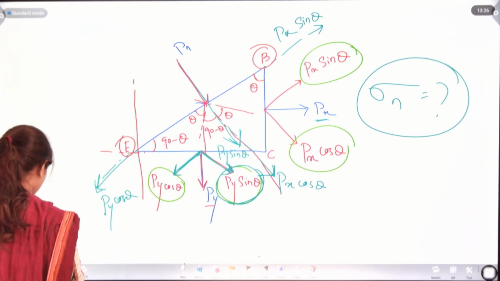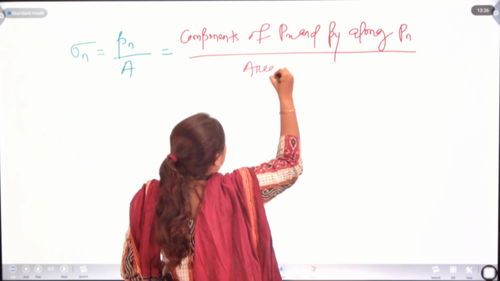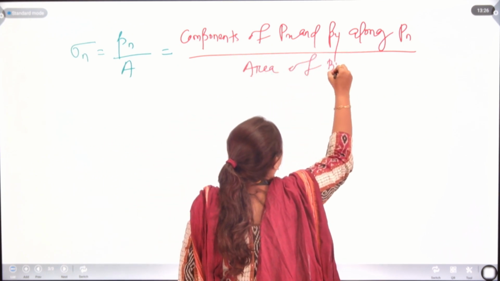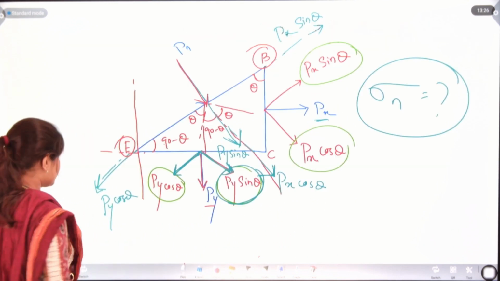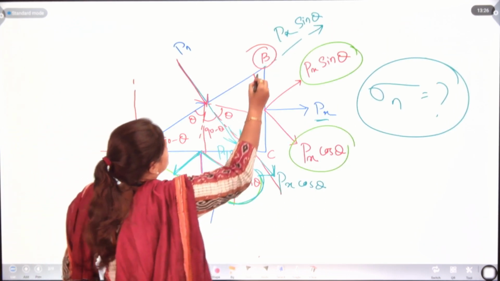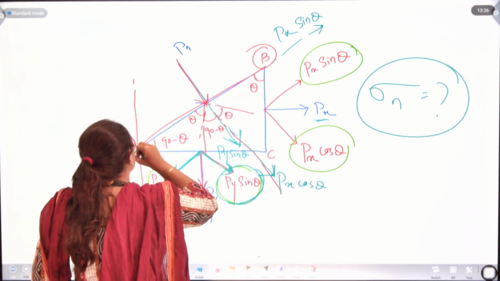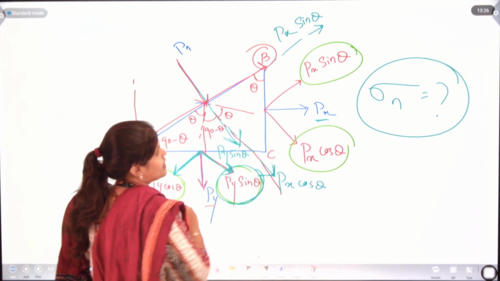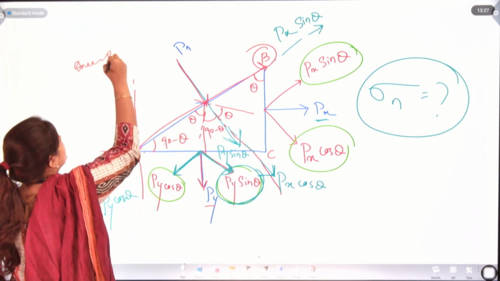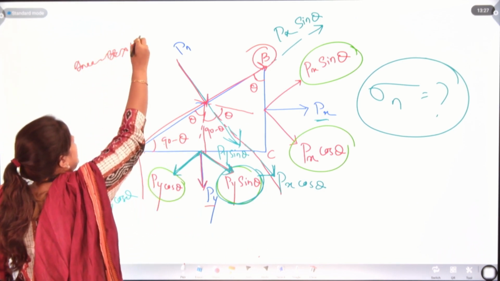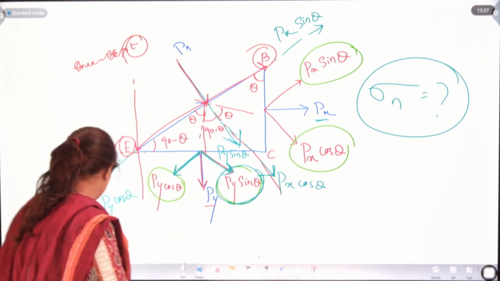So we will take the area of BE. So this area will be this length multiplied with the thickness. So area will be B into T, and we have already taken this T as unity.